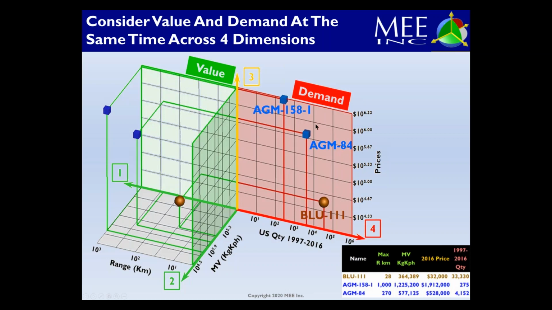And then in between is the AGM 84. It's got a range of 270 kilometers. So here's 100, there's 1,000, it's in between. It's got this momentum. These features combine for this price here, 528, which then in turn leads to this quantity, 4152. So it's greater than 1,000 and not quite 10,000.